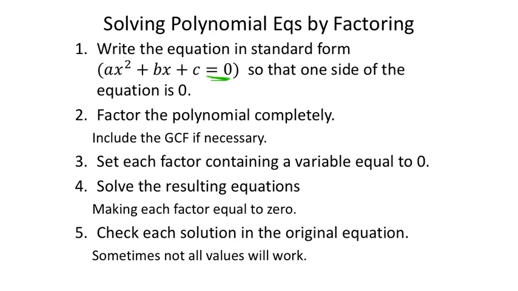Set each factor containing a variable equal to 0, which would include the individual x, but also, like we saw on that last slide, sometimes it's a binomial that equals 0. And then solve the resulting equations, making each factor equal to 0. You just solve them and then check each solution in the original equation, because it is possible that sometimes not all values will work.